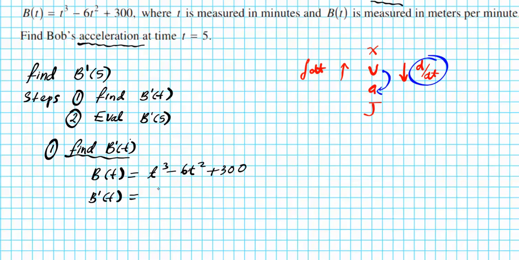So when you differentiate t to the third using the power rule, you power down the power, t to the third, and you mark down the power by 1, 2. Same goes here, you already have a 6, factor that out, power down the power, times 2, mark down the power by 1, 2 minus 1 is 1. And then the derivative of a constant is 0. Your acceleration function, b prime of t, is 3t squared minus 12t. We're done with part 1.